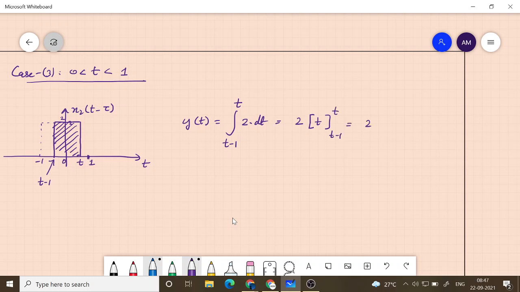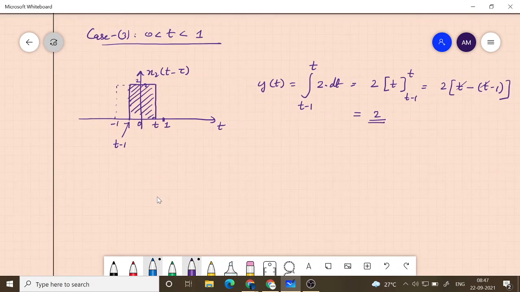The first function is 1, the second function is 2, so 2 dt. 2 is a constant, the integral of dt is t, so from t minus 1 to t that equals 2 times (t minus (t minus 1)). The t cancels, as we expect, since it should not depend upon t. Minus of -1 is +1, so this is equal to 2. So it is basically the area under this: the product looks like a rectangle with width 1 and height 2, so the area is 2. So this is case 3.